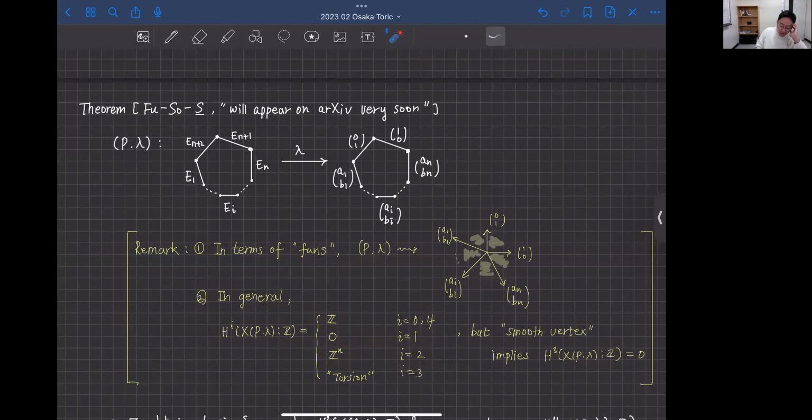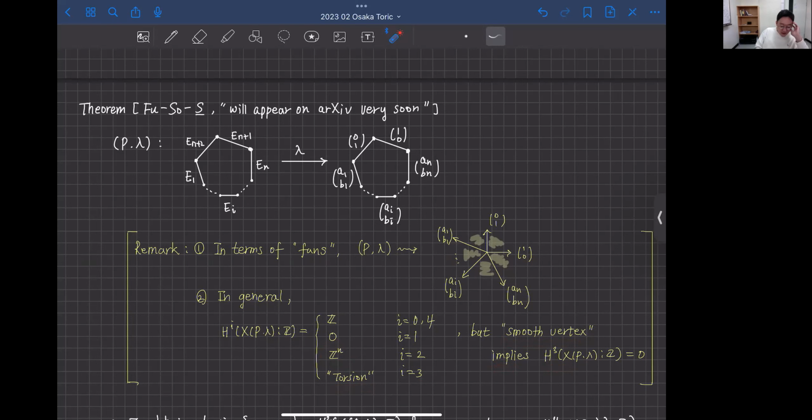In H^3 there is a torsion in general. But if you assume the existence of a smooth vertex, this implies that the torsion is trivial. This is not if and only if: a smooth vertex implies this, but not the other way around. Anyway, a smooth vertex implies that this is torsion free.